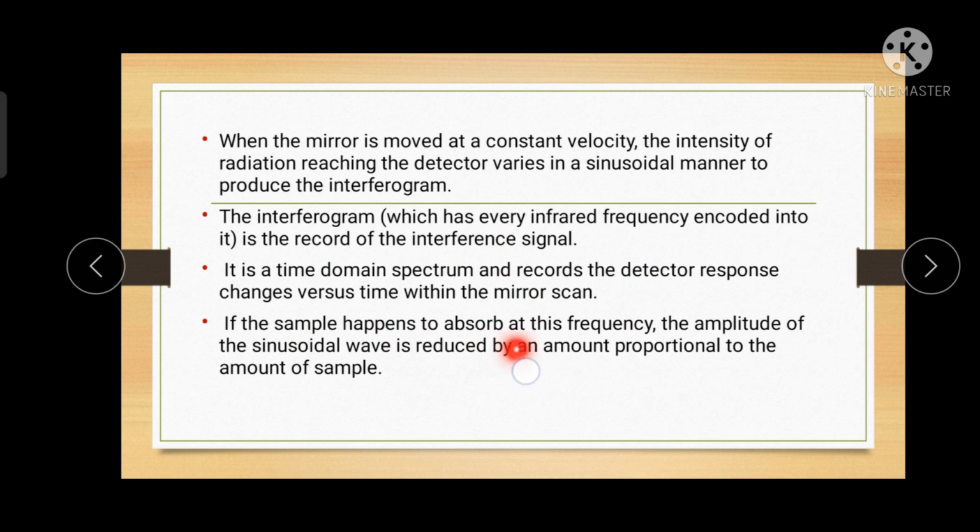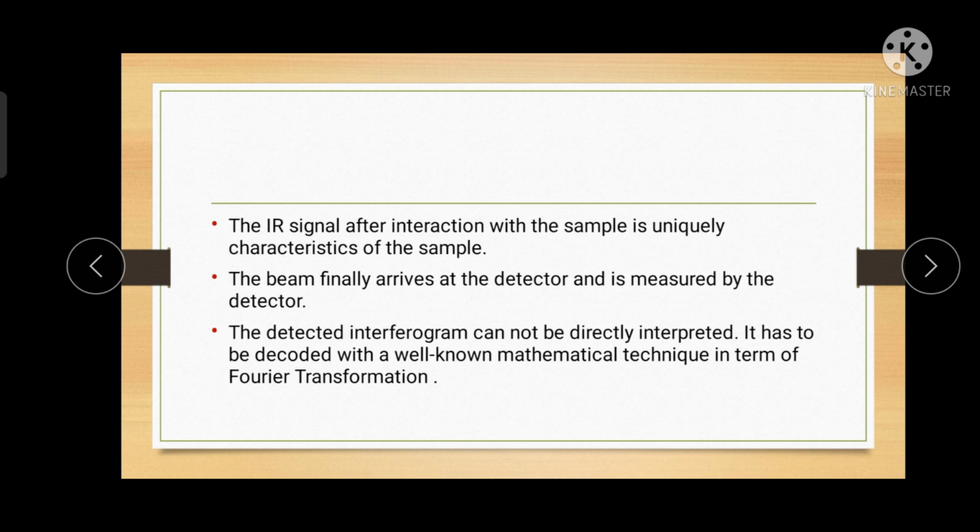If the sample happens to absorb at this frequency, the amplitude of the sinusoidal wave is reduced by an amount proportional to the amount of the sample. That means at that particular frequency absorption takes place, then the amplitude of the sinusoidal wave is reduced, and this amount of reduction is proportional to the amount of the sample. So in this way we get the proper spectra.